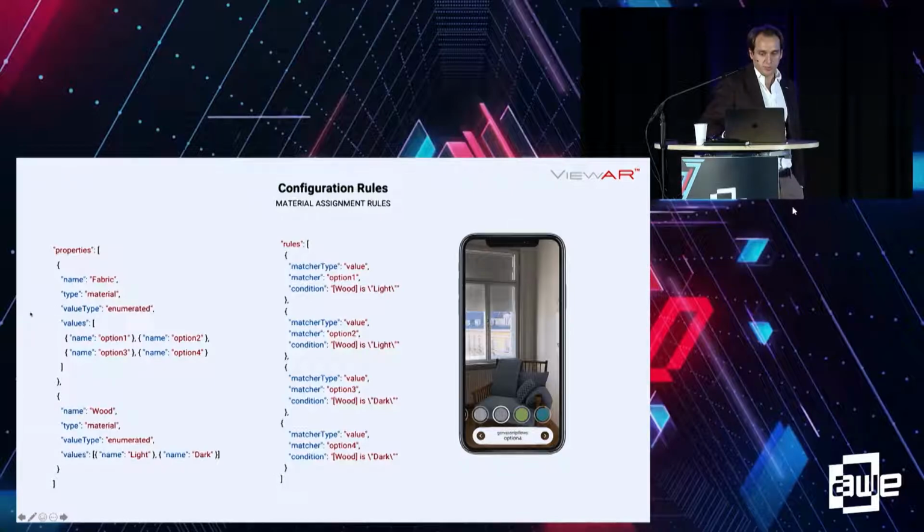So as this sample shows, option 1 to 4 come with rules saying that option 1 is only valid if wood is light. And option 2 is also valid only when wood is light. So if in case wood is dark, switch to dark, our system would automatically revert option 1 or 2 and set the first one that would be valid.